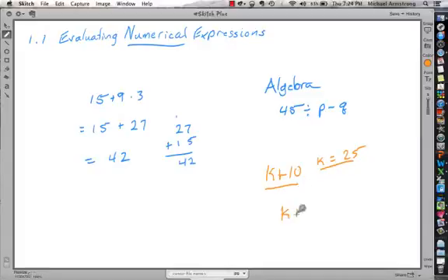So K plus 10 is the same as 25 plus 10. There's 10 on both sides. What would we get here? Substitute 25 for K. It used to be K, now it's 25 plus 10, and that equals 35.